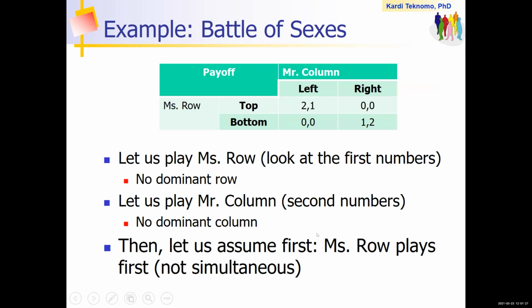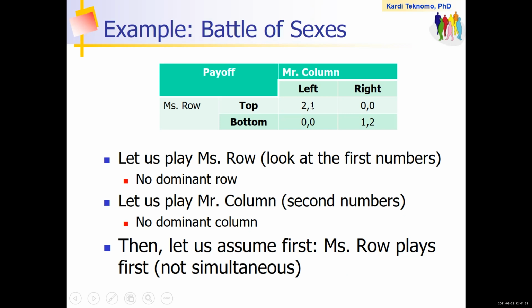So first you play as Miss Row. Again, you look at the first numbers. If you look at the first number, 2 is larger than 0, 0 is less than 1. So there is no dominant row, right? And then you play as Mr. Column. In this case, you look at the second number.